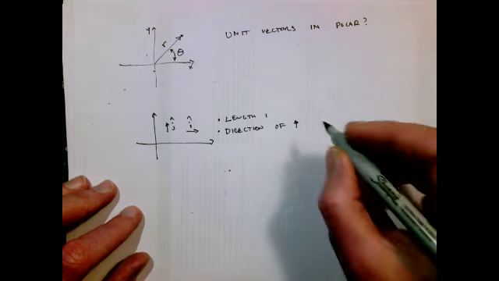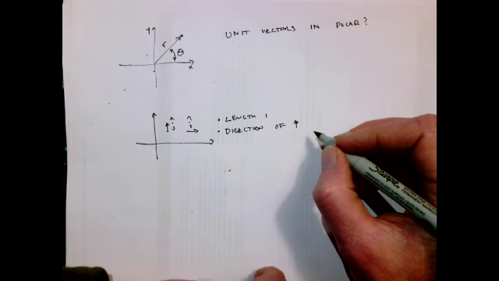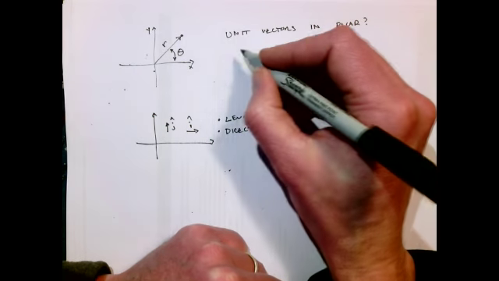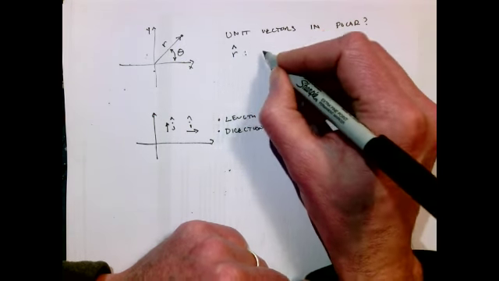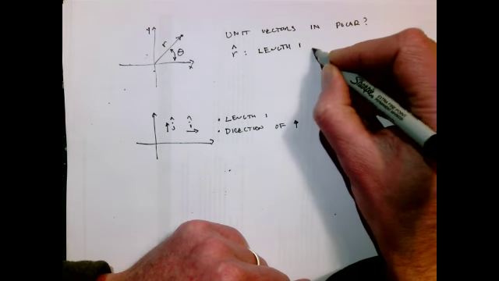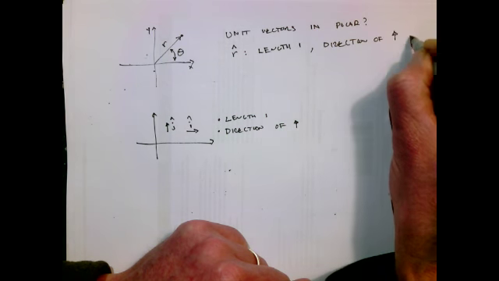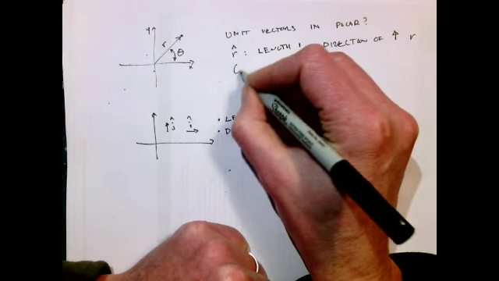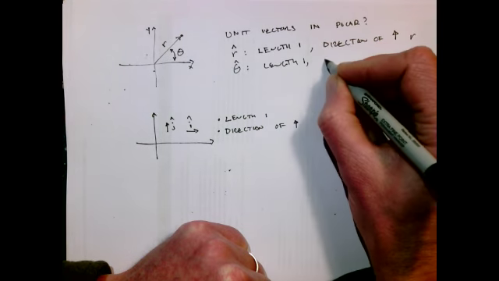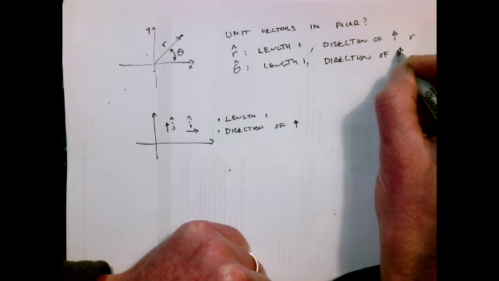So x is the coordinate associated with i hat. Well, if we think about that for polar vectors, it seems like r hat would be the vector of length 1 in the direction of increasing r, and theta hat would be a vector of length 1 that points in the direction of increasing theta.